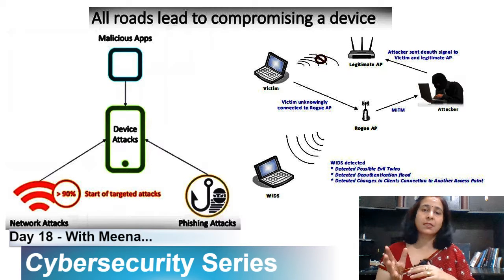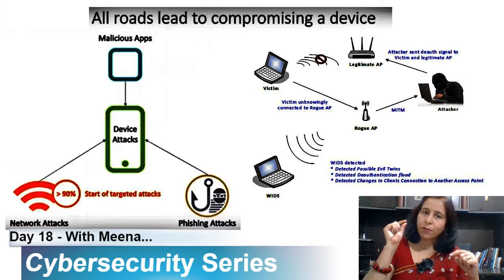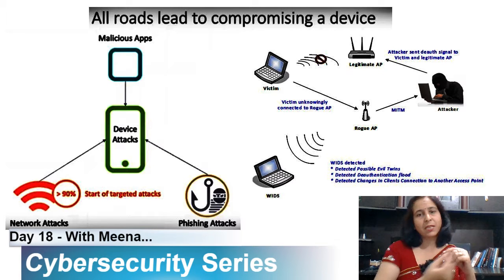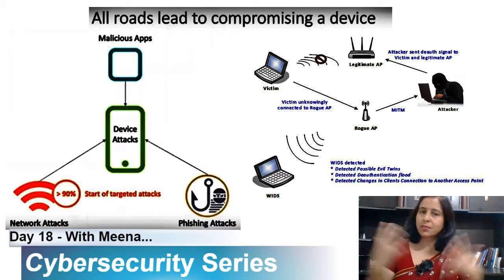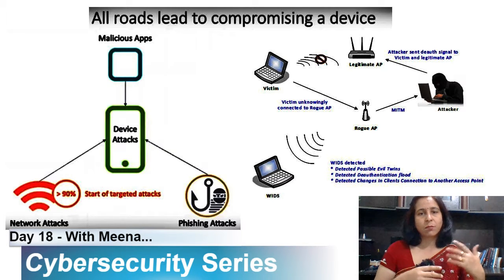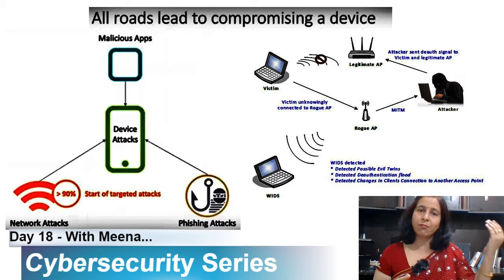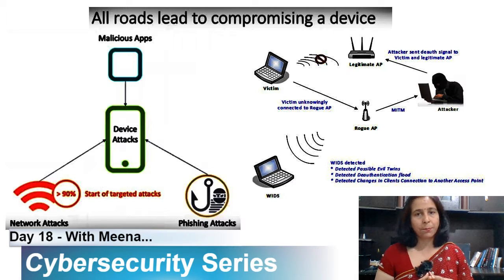When the victim falls into the trap, whatever information passes through this access point, the attacker can see, including payment or financial credentials, because now they are working as a man in the middle.